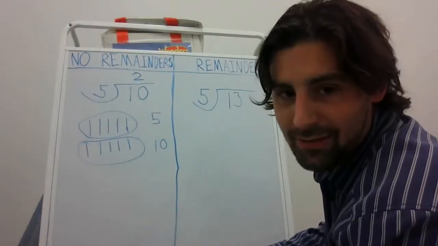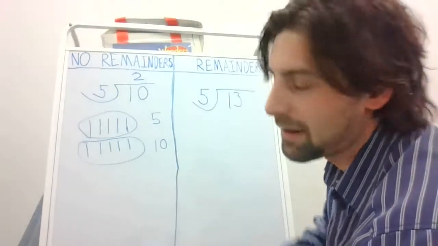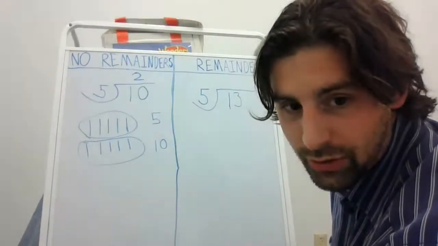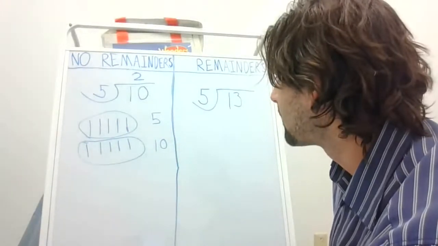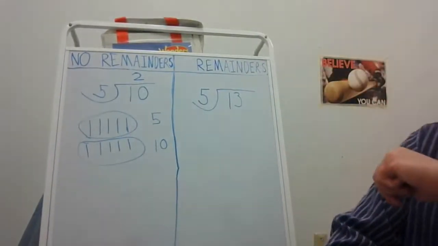All right, so now a similar problem. 13 divided by 5. I would go about solving this the same way I solved 10 divided by 5, but this one will have a remainder because 5 does not go into 13 equally. I'm going to use a different color marker.